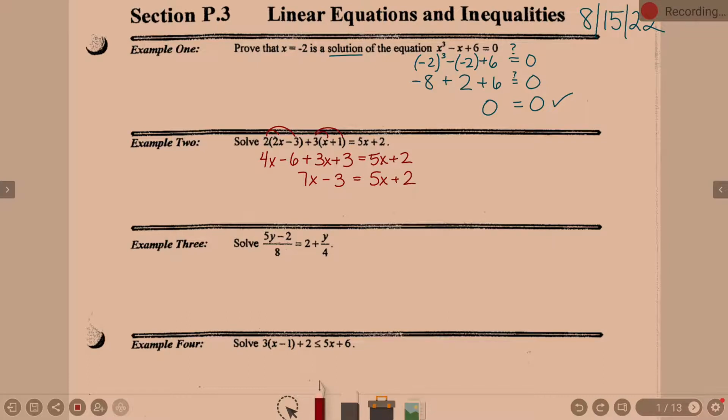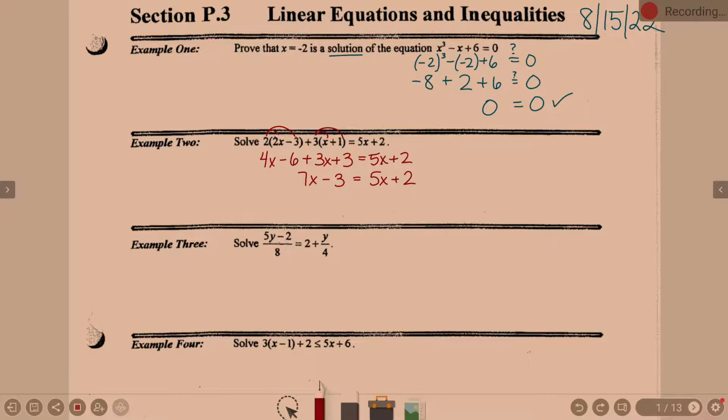So now I have the equation 7x minus 3 equals 5x plus 2. How are we going to find out? To get the x by itself, we want to move our 3 to the right. Add 3 to both sides.